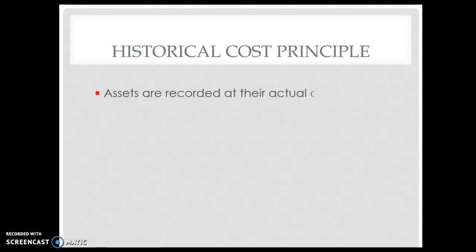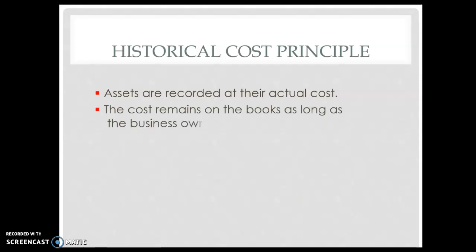Now we have something called the historical cost principle, and this is where GAAP says that assets should be recorded at their actual cost. Whatever the business paid for that equipment, that's what it should be recorded at. And as long as the business owns that asset, it's sitting on the books under equipment at whatever value we originally paid for it.